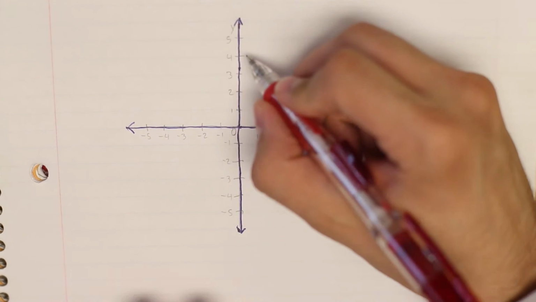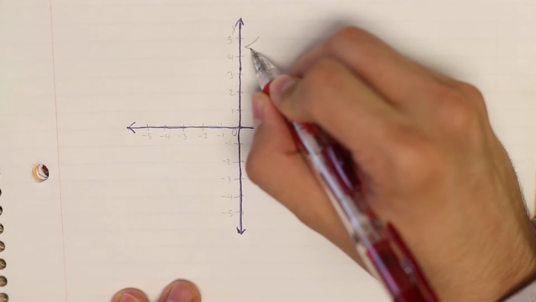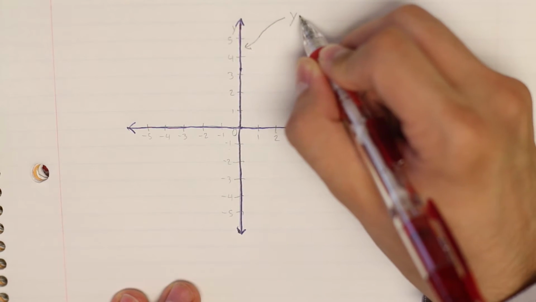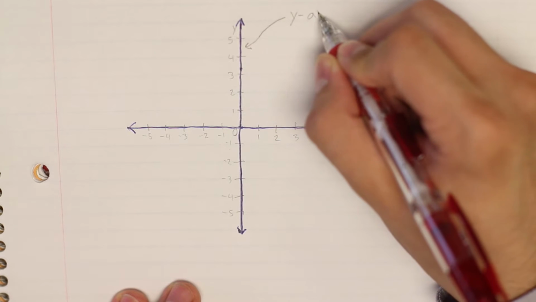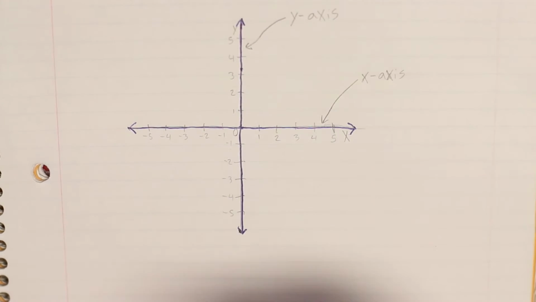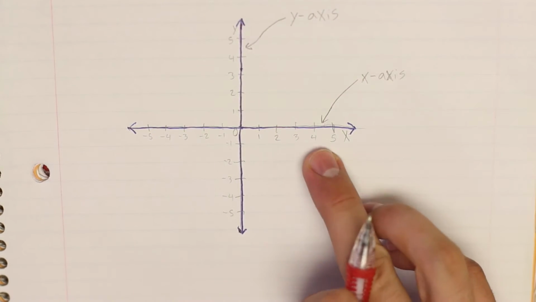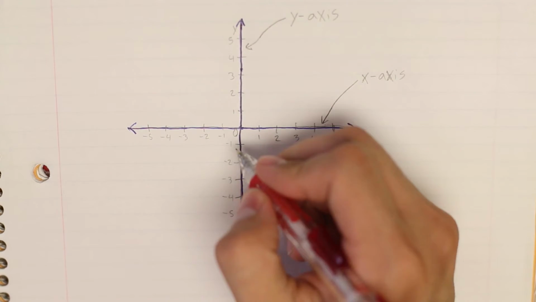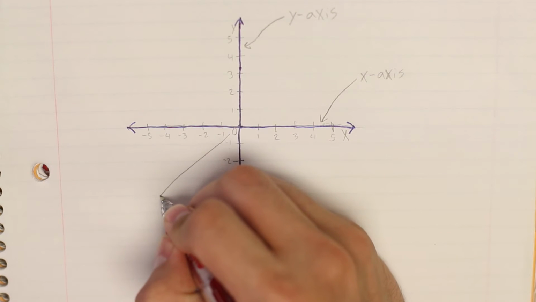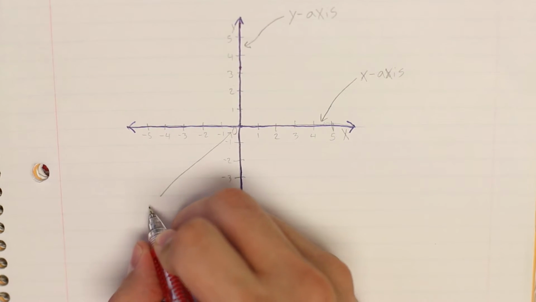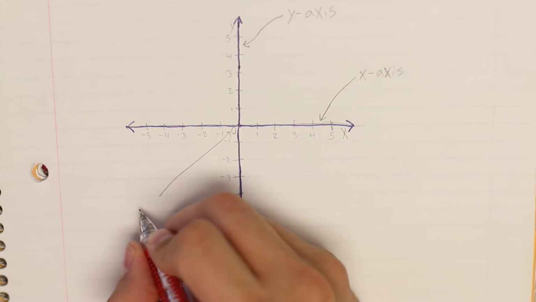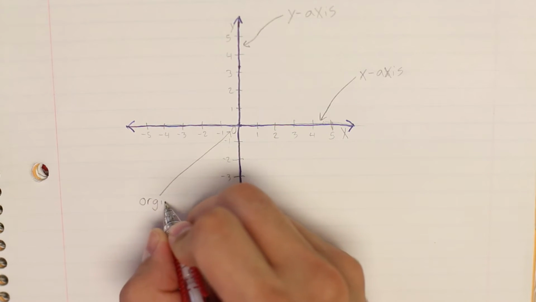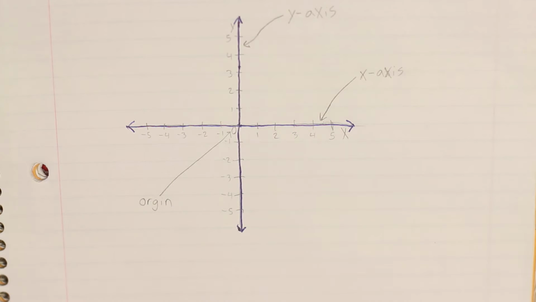While this one over here is called the y-axis. Okay? So we have our x-axis and our y-axis. The center, as I've said before, is called the origin.